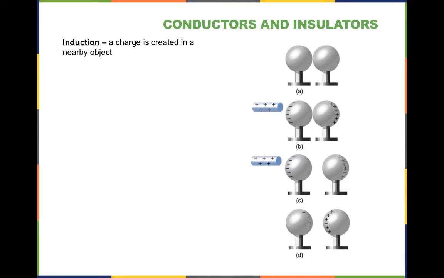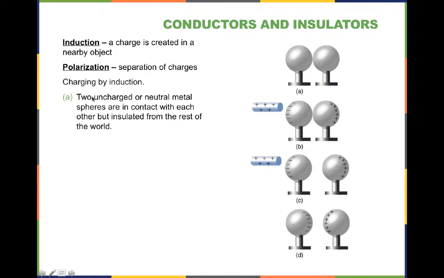Now, induction is a process where charge is created in a nearby object. You start out in situation A here. You have two neutral metal spheres that are in contact with each other, but they're insulated from the rest of the world. By the way, the term polarization means the separation of charges.